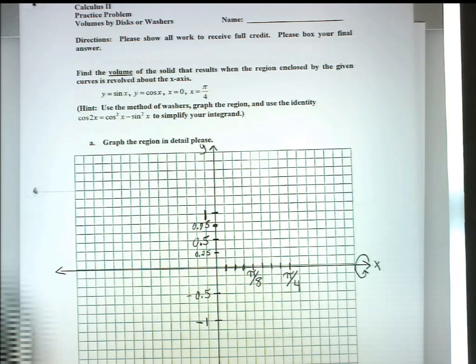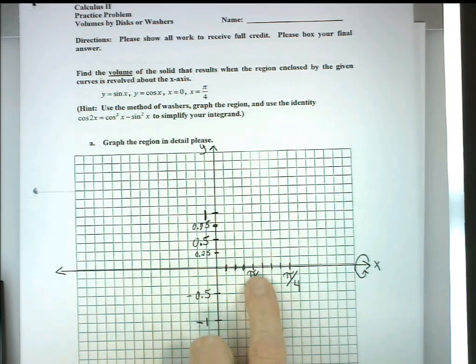I am going to graph y equals sine x, and what I want to worry about is what happens when I take the sine of pi over 8, and I am going to use my purple pen to graph the sine wave from 0 to pi over 4.